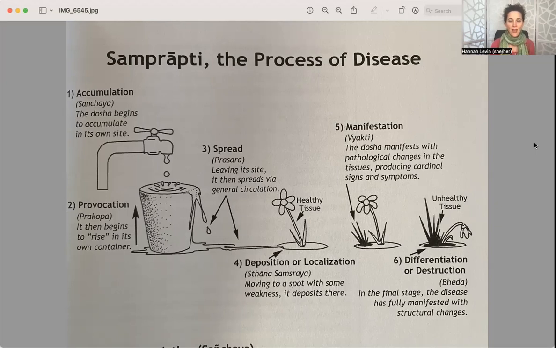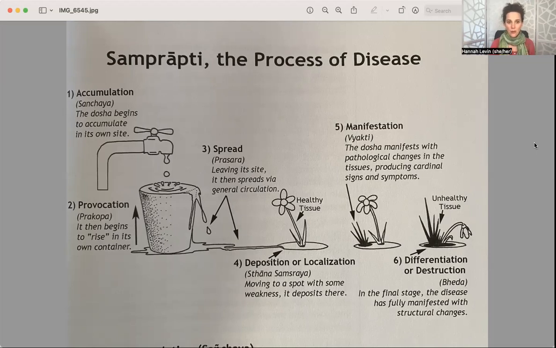This is when dosha begins to accumulate in its own site, meaning that each of the doshas has a home site in the digestive tract. And remember that Ayurveda sees that everything originates in the gut, which Western medicine is just discovering more and more how true this is.